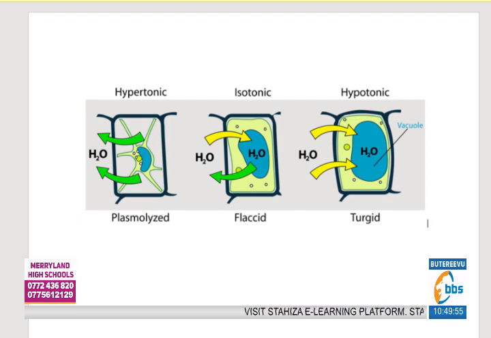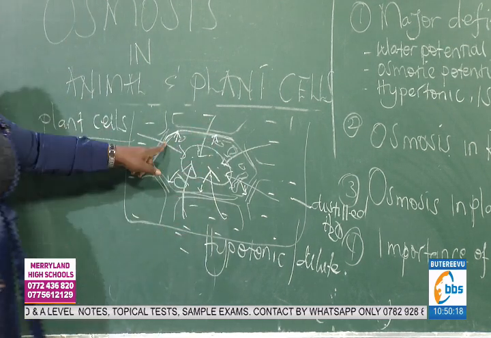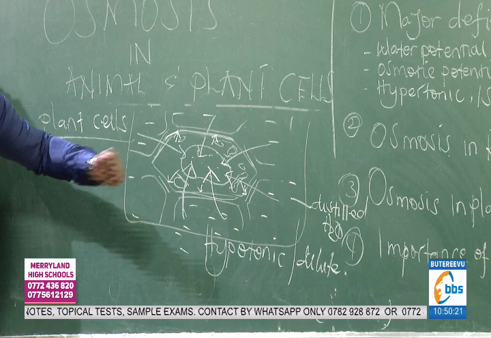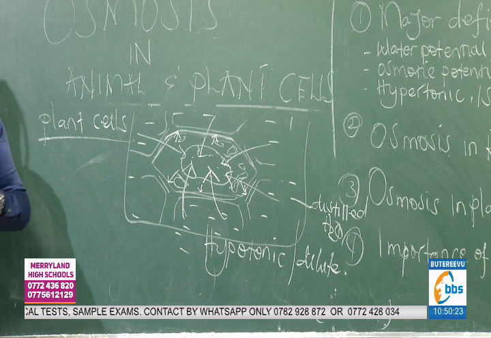So the vacuole will keep on expanding and increasing in size to accommodate the incoming water. Then also the cytoplasm of the cell will start pushing. Because more water is entering, there will be a pressure that is going to push the walls of the plant cell to expand more to accommodate the incoming water.